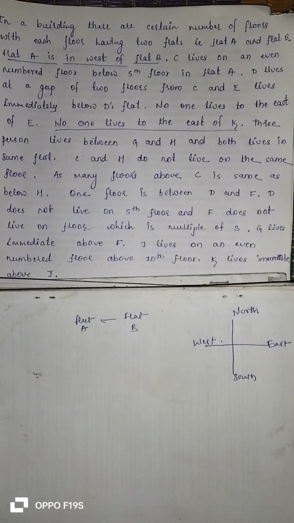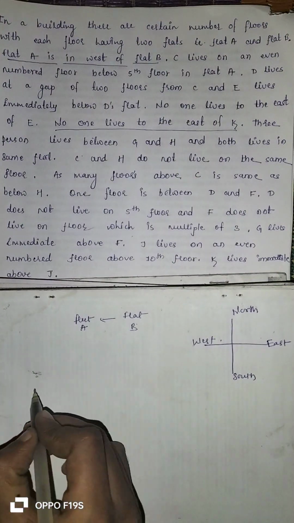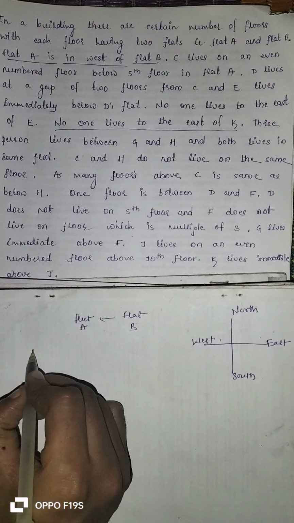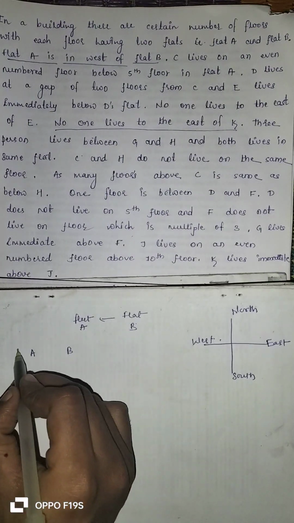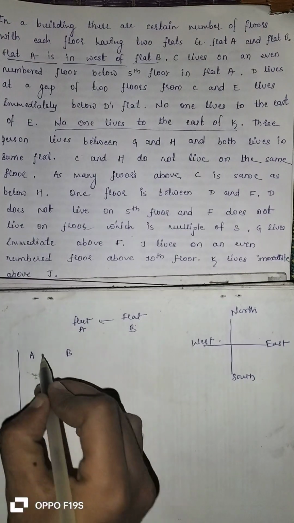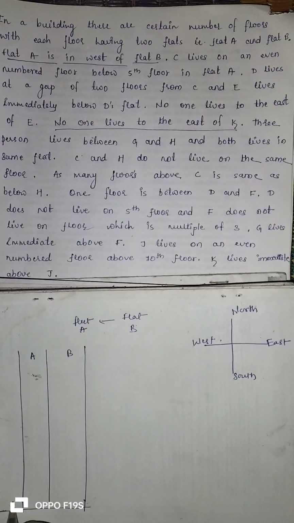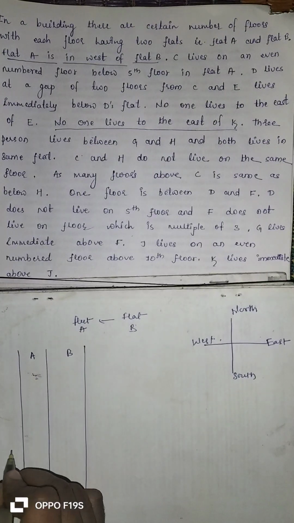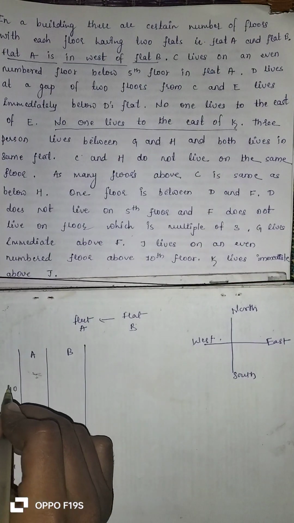See, C lives on an even number floor below the fifth floor in flat A. If I consider this is flat A and this is flat B, for convenience, I will take the first 10 floors here. This is first, this is second, this is third, fourth, fifth, sixth, seventh, eighth, ninth, 10.